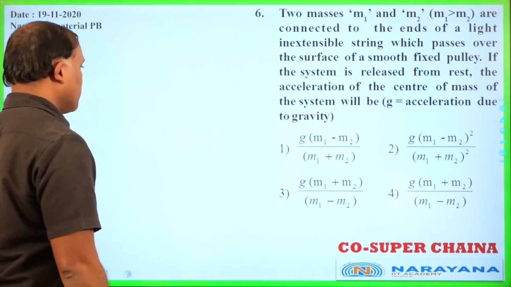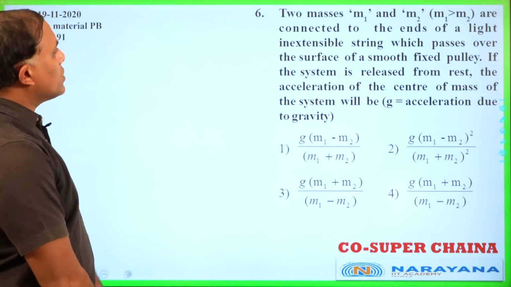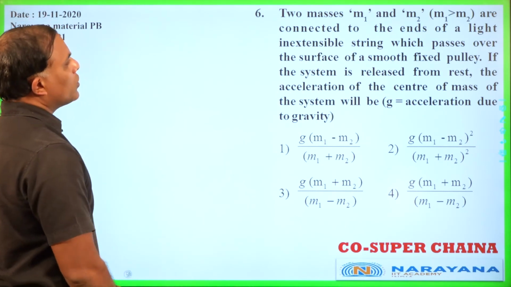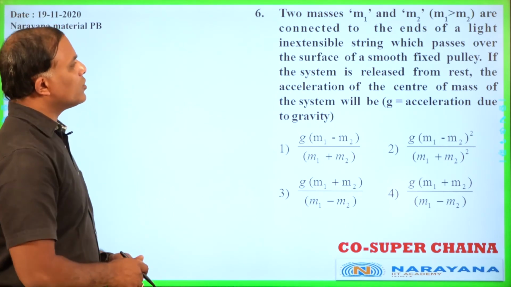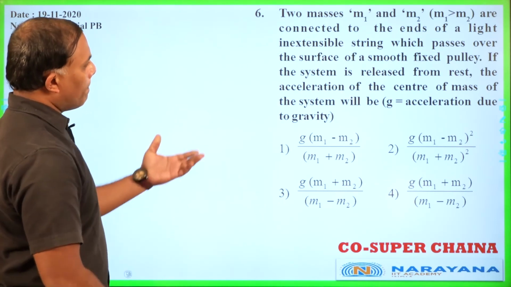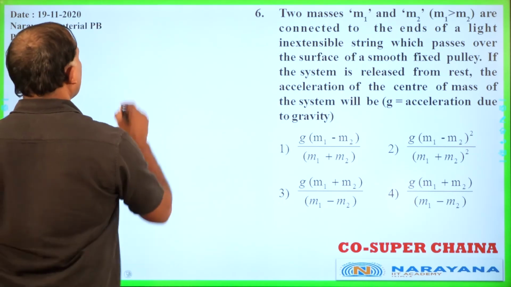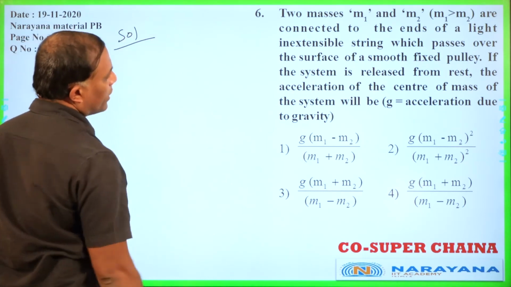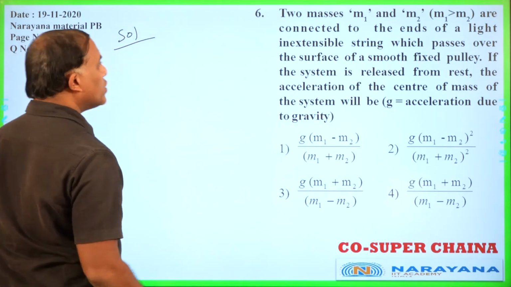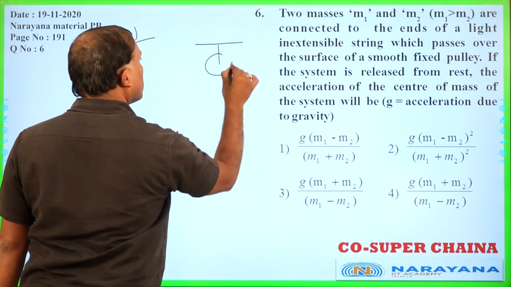Next, one more question. Two masses m1 and m2 are connected to the ends of a light inextensible string which passes over a pulley. It is Atwood's machine. He is asking, release it from rest, then what is the acceleration of center of mass? We just solved it, but let us solve one more time.